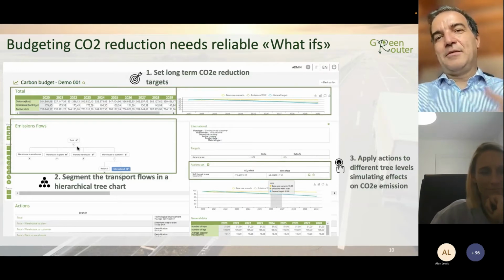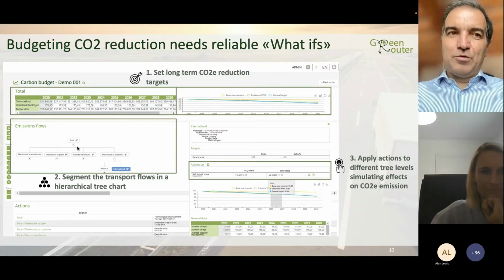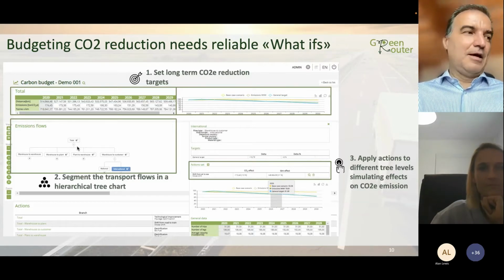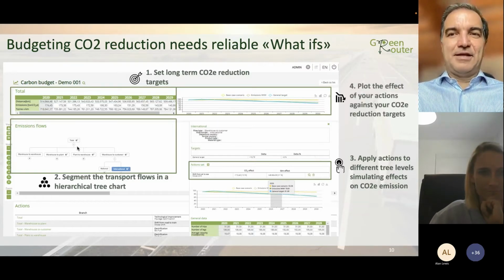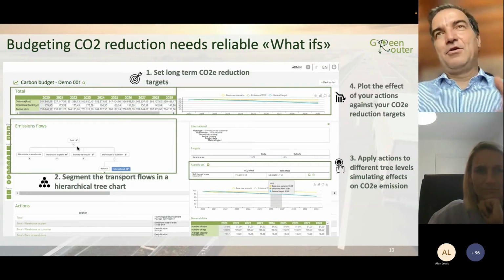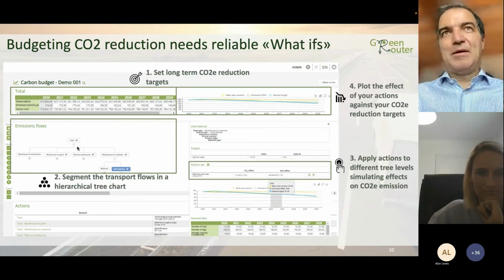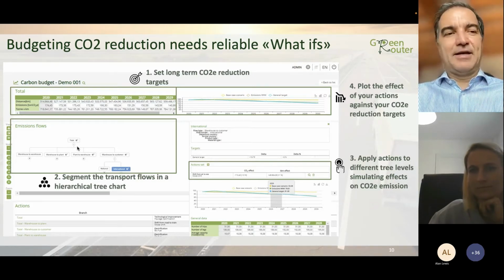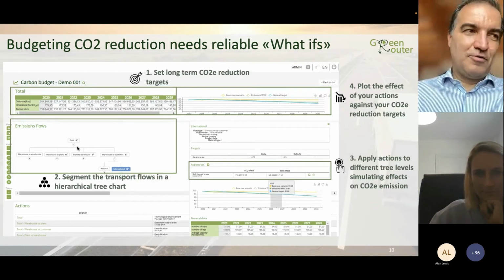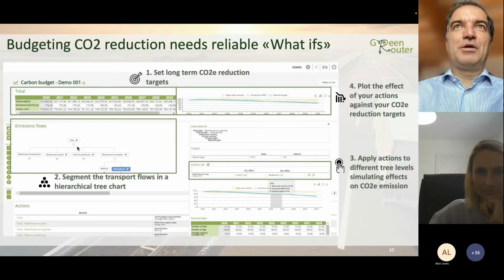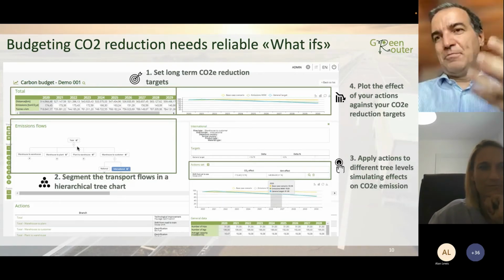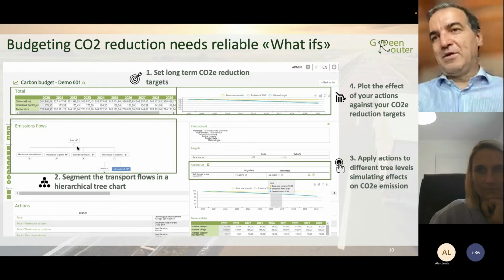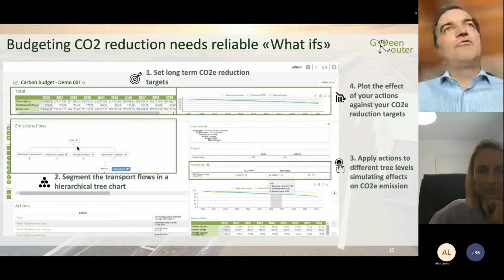So this then becomes a sort of target effect. But if you have good quality, you can reach this level. And the final element is that, of course, you can also plan in your company year by year, month by month, whatever, actions for which you know in advance what the effect will be. And that's why I said also for default values, GLEC is very important, because when you do this kind of simulation, many times you need to have these default values which are reliable.